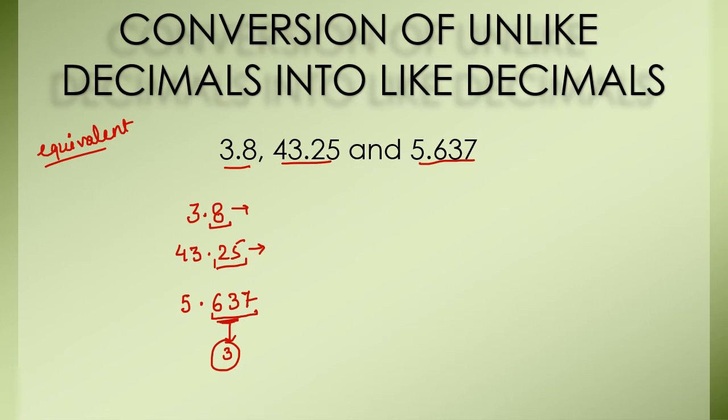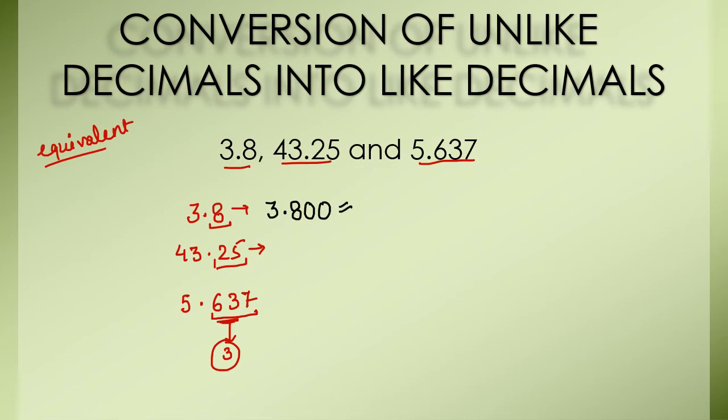So here it will be written as 3.8. One digit is there, so we have to add two more zeros at the extreme right of it. So 3.8 will be equal to 3.800.